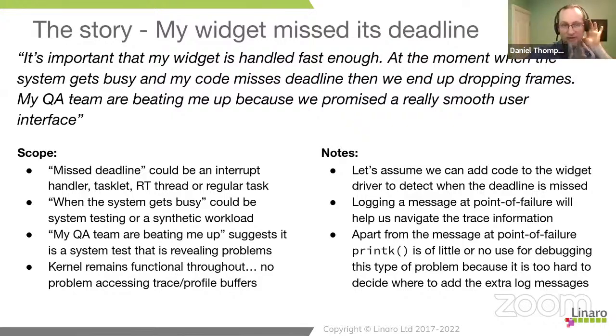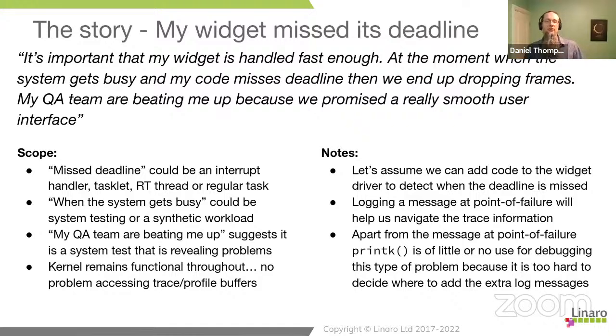Again, when the system gets busy is another very vague phrase. It could be system testing, it could be a synthetic workload. It could just be we're trying to power up the CPU and we're causing things to go wrong. We could be running Hackbench. The QA team beating me up does suggest this could well be a system test, but it's not explicitly stated.